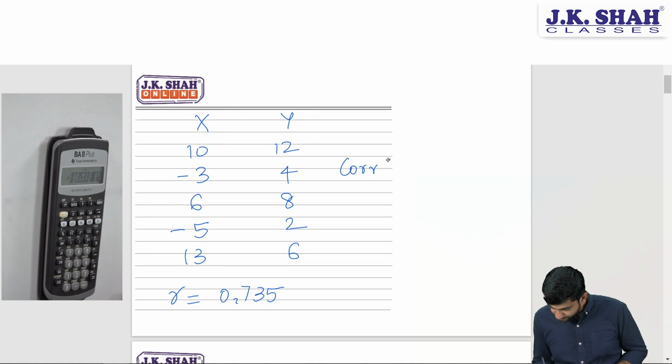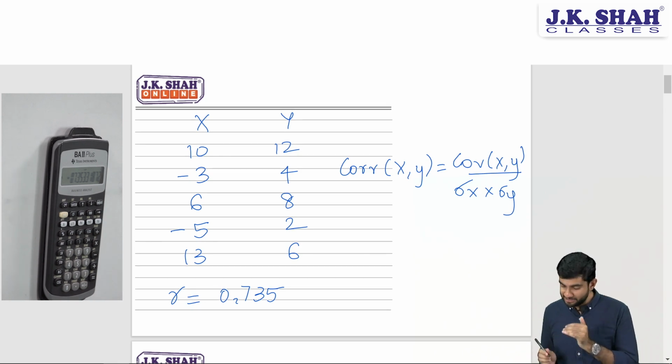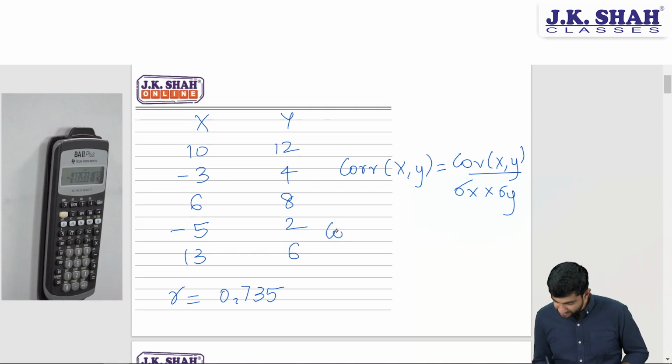Correlation between X and Y is equal to covariance between X and Y upon standard deviation of X into standard deviation of Y. This is as per the formula. Now solving algebraically, covariance between X and Y would be correlation between X and Y into the standard deviation of X into standard deviation of Y, which will give me the covariance between X and Y.